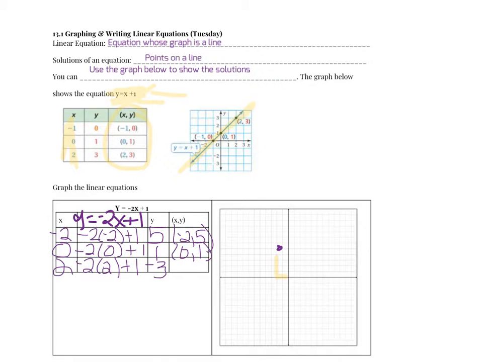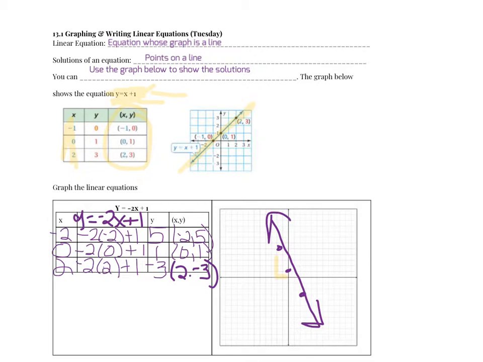Okay, and then our next point is 0, 1. And then our point after that, oops, I forgot to write that, is going to be 2, -3. So over 2, down 3, probably right there. Then you just draw the line that goes on there. Obviously your line will probably be much straighter than mine. So that is how you would do that. The only thing you have to do right now is graph those equations.